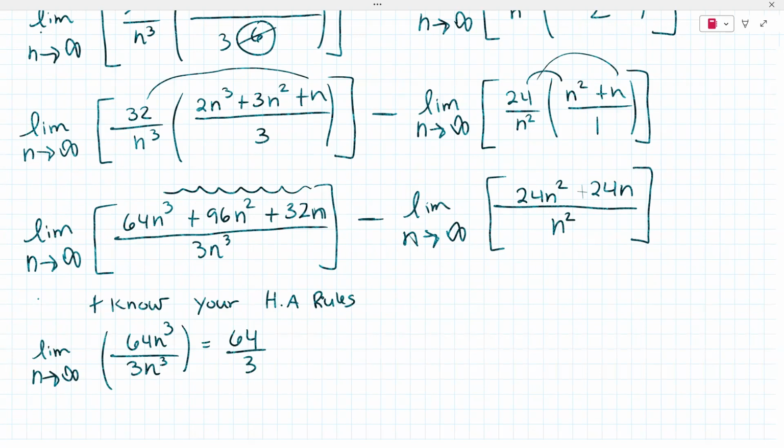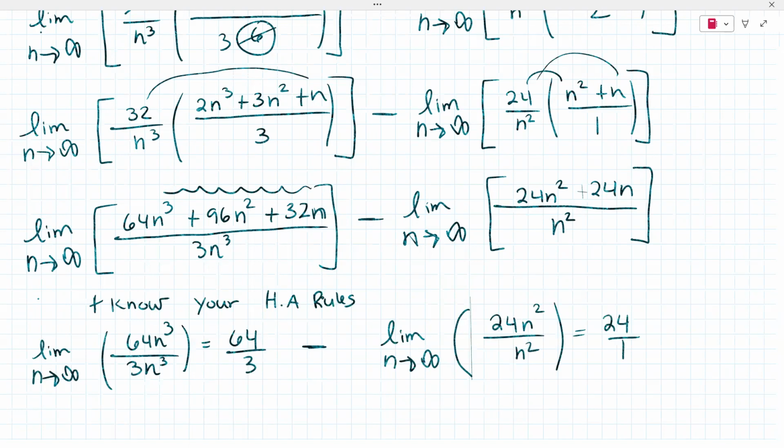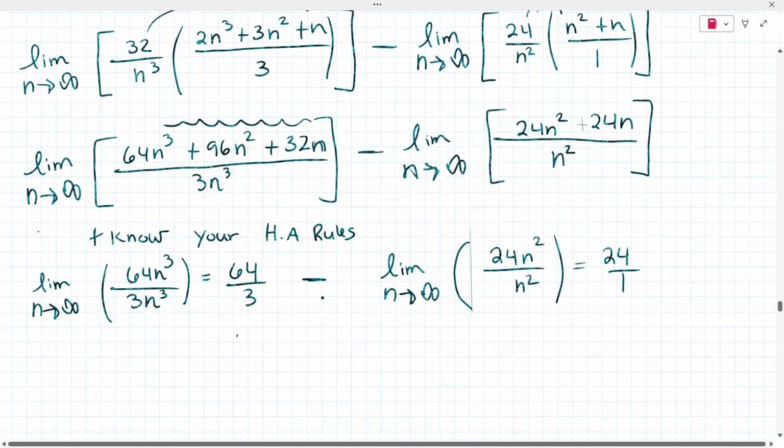Okay. And then minus the limit as n approaches infinity. And then you look at the highest term on the numerator and the highest term on the denominator. So your highest term on the numerator is 24n squared, and then the highest term on the bottom is n squared. So again, the degrees are the same, so you just use the coefficient, so 24 over 1. Okay, so it's going to be 64 over 3 minus 24 over 1.